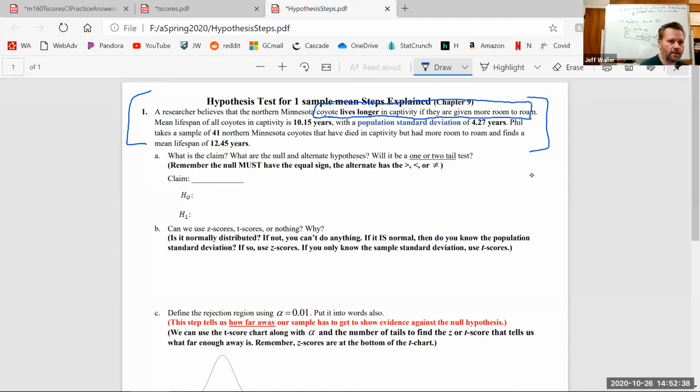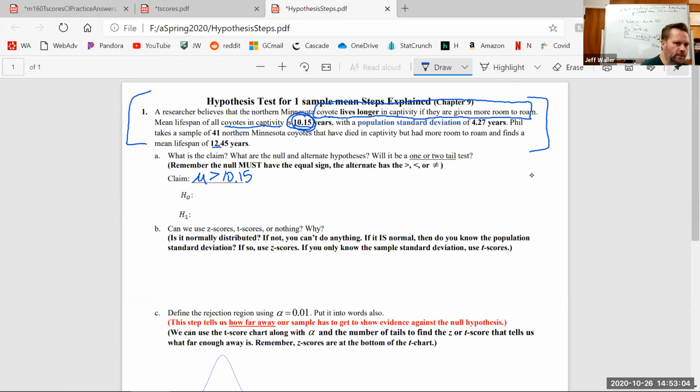Good. And 10.15 is the normal life for coyotes in captivity. So my claim in mathish is the mean is greater than 10.15. Do you see how that goes together? You can see it in English: coyotes live longer if they're given more room to roam. Live longer than what? Normal. So the claim is the mean is greater than 10.15.